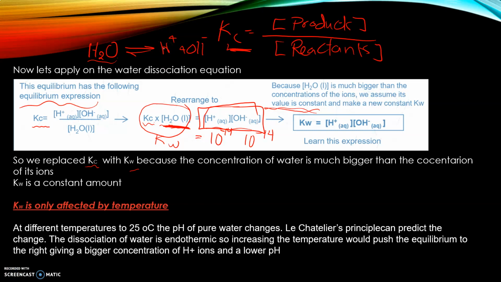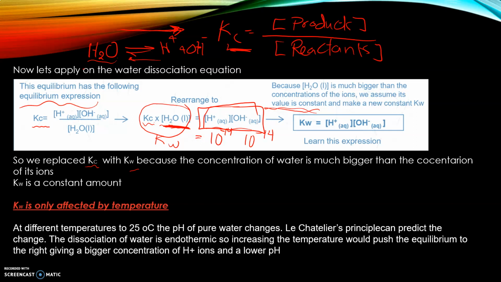As for the endothermic reaction, try to remember from the previous study: if you want to increase the yield or increase the forward reaction, you raise the temperature. So if you raise the temperature, the reaction will go forward. If you decrease the temperature, the reaction will go in reverse.